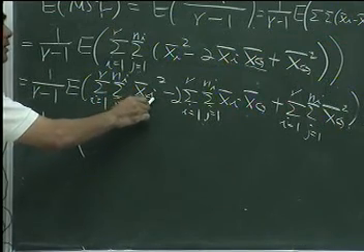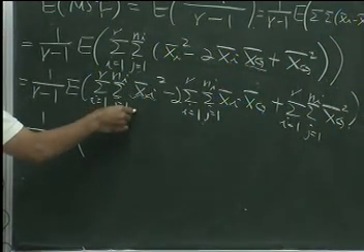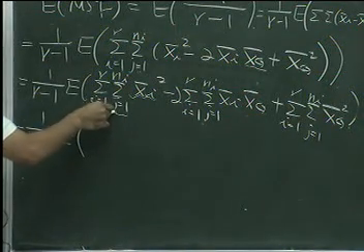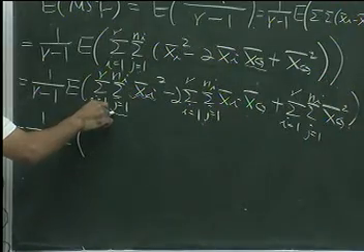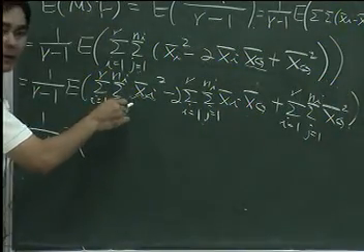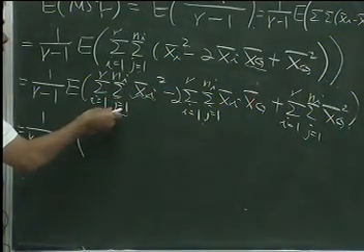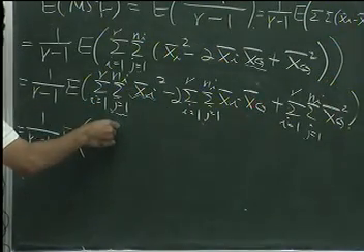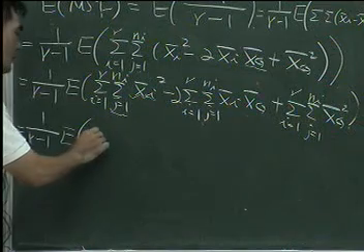So how many x bar I squared here? For each one, for each machine, you produce Ni products, right? And so in each case, you add x bar I squared Ni times, right? So what do you get?